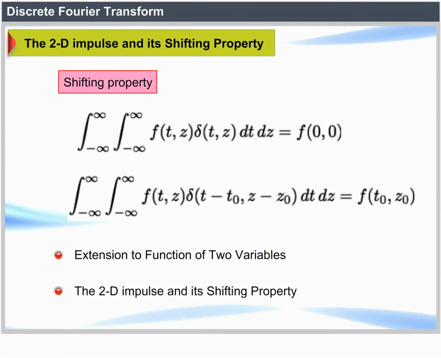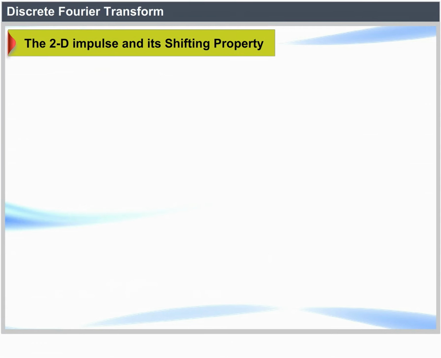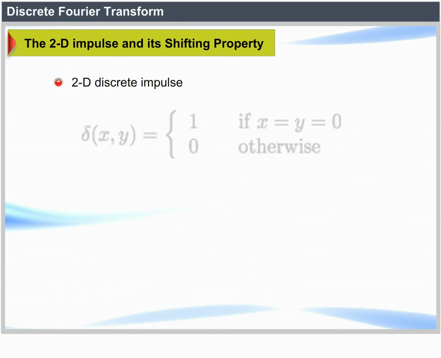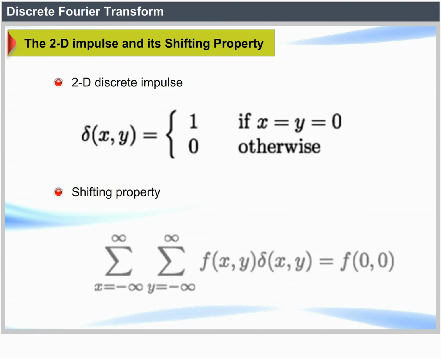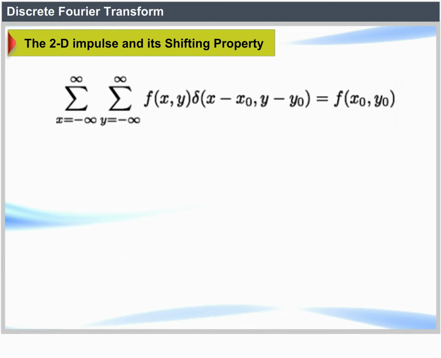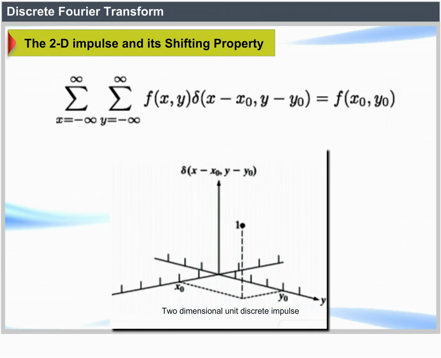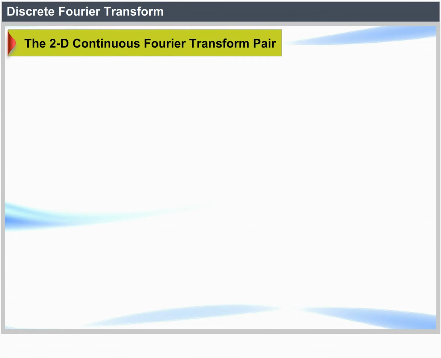For f of t, z, a continuous function of two continuous variables t and z, the 2D continuous Fourier transform pair is given by the equations shown on the screen. For example, obtaining the 2D Fourier transform of a simple function will be as represented on the screen.